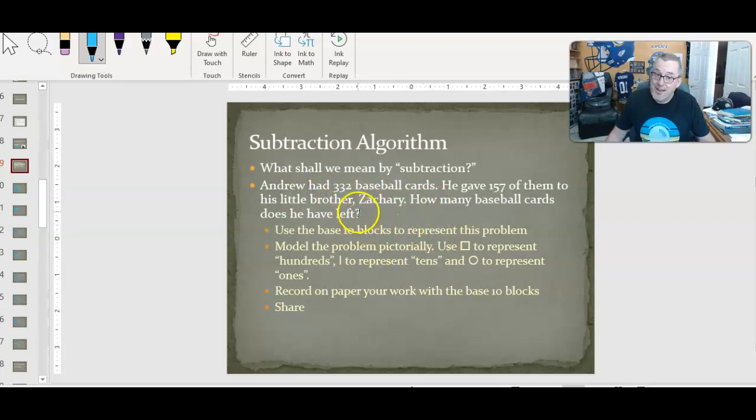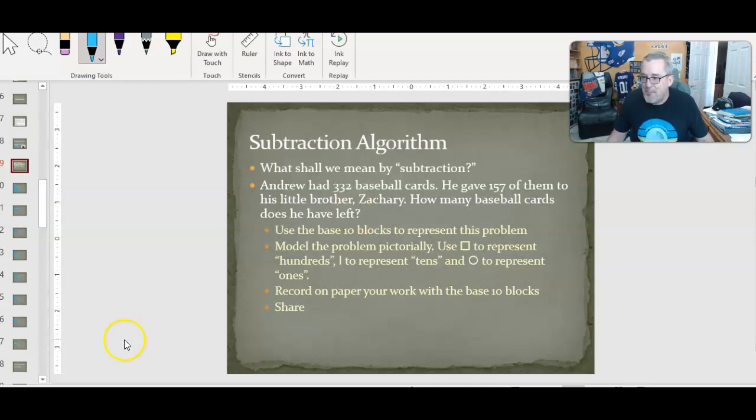It's a takeaway. Zachary's taking away 157 of the baseball cards. How many are left? That's a takeaway problem. But will you first try it on your own with base 10 blocks and kind of imagine a young learner engaging in this for the first time? How might it look? How might it sound? Pause the video, open up that app with base 10 blocks and give it a go.